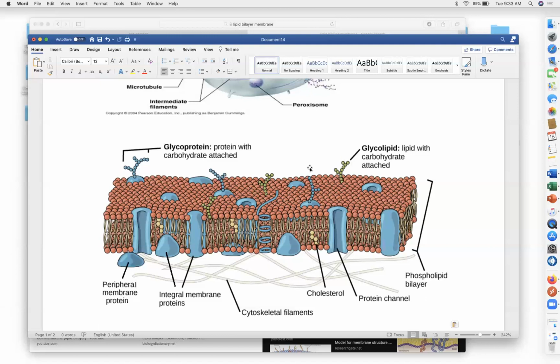What is the function of glycoproteins and glycolipids? Does that look like a beautiful both A and B answer? It's for recognition chemically of what the cell is, or cell identification chemically, and it also acts like a door for your protein channels. What's the function of these integral membrane proteins? Oh, they're a structural protein to give the phospholipid bilayer rigidity.